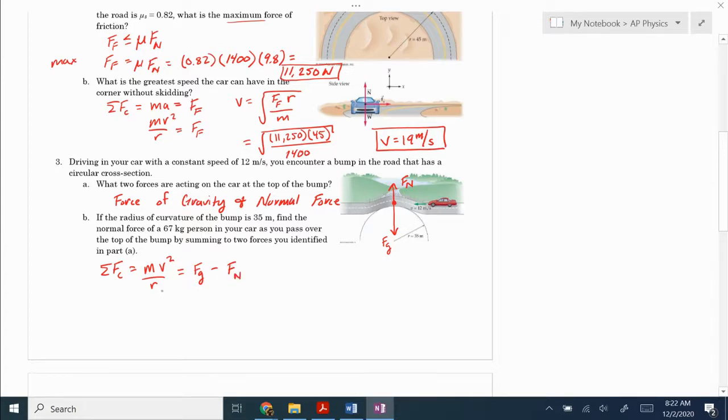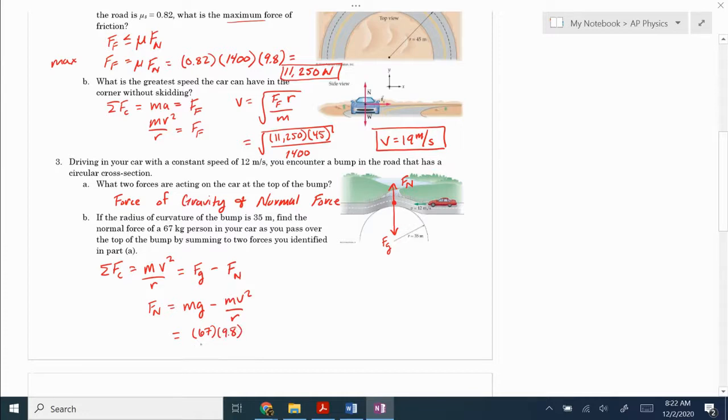We're solving for the normal force. So the normal force is going to equal, I'm going to change the force of gravity to mg, minus m v squared over r. So m is 67 times g, which is 9.8.